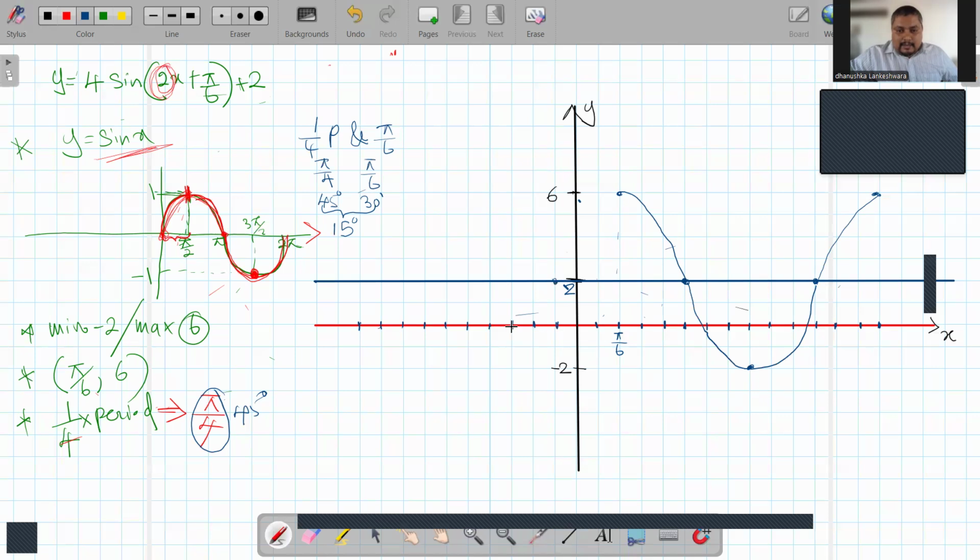Again, 1, 2, 3, it goes to the minimum. Again, 1, 2, 3, it comes to here. 1, 2, 3, it goes to the maximum.